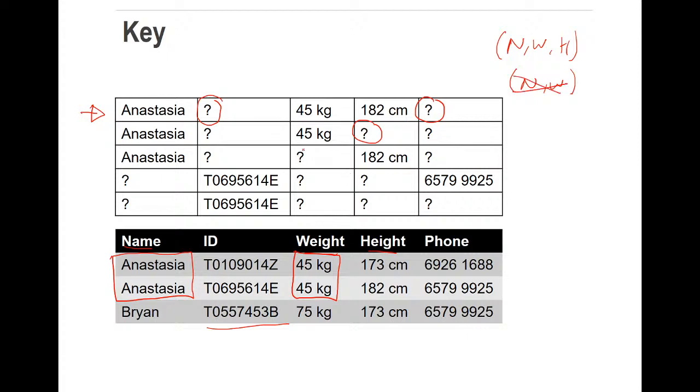But if I try the other way, if I'm missing out on the weight, so let's say only the name and the height, can this uniquely identify the rest? Yes, because for our particular instance over here, the height for the two anesthesia are different.